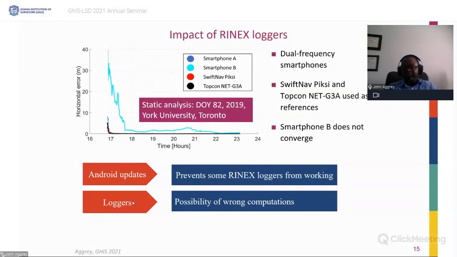I just coded up my own logger and used that for this analysis. The only point I'm trying to make is, if you are using a commercial or third-party logger, choose one which does the job correctly. Once you get a very good logger, then I'm sure everything would run quite smoothly.